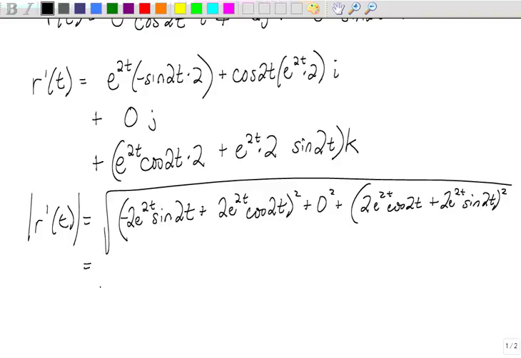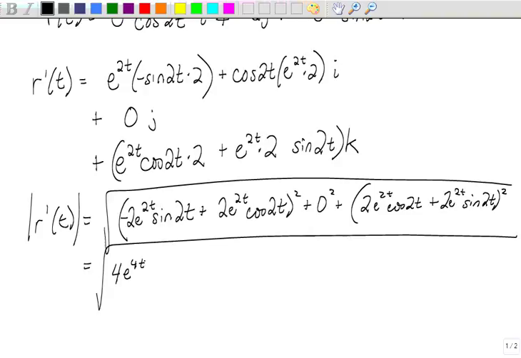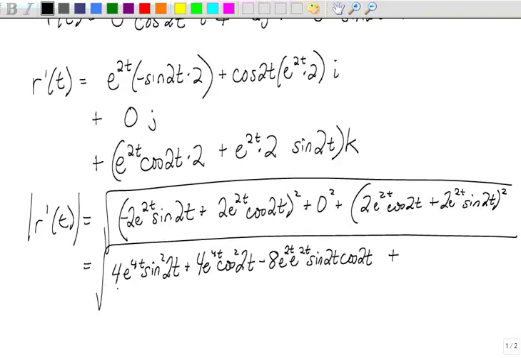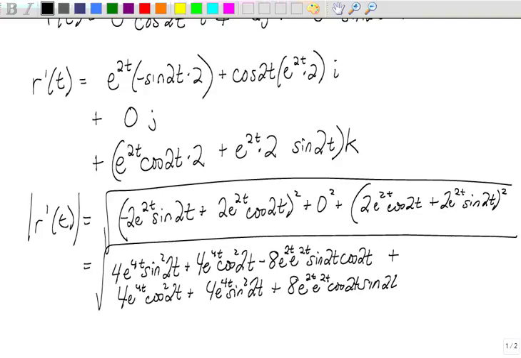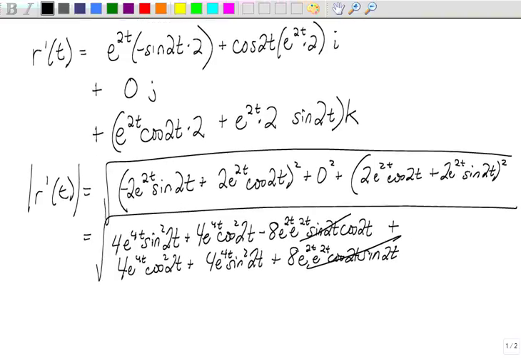Now, I multiply all this out. Those are going to drop out.